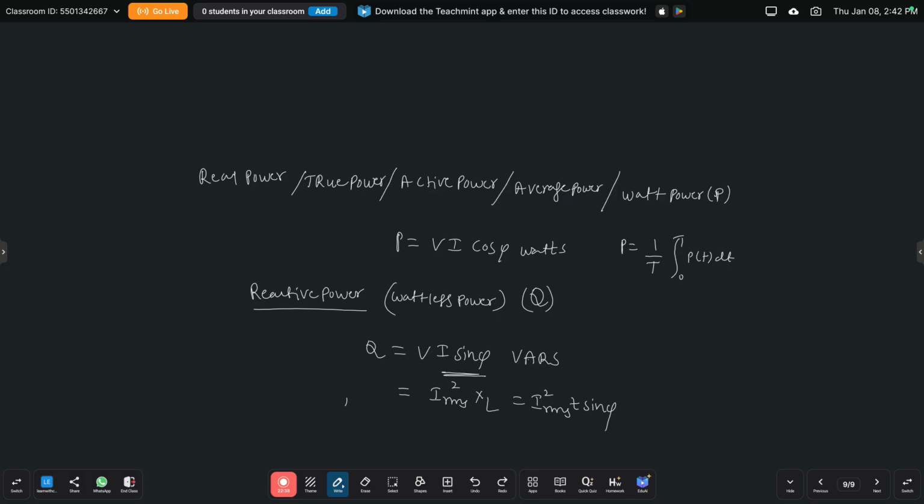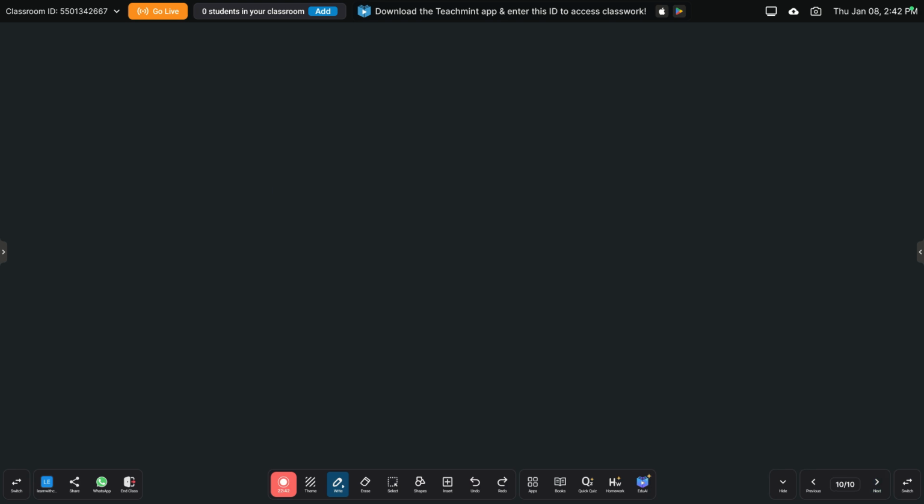Now the next one is the apparent power. The apparent power is equals to the product of RMS value of the voltage and the RMS value of the current.